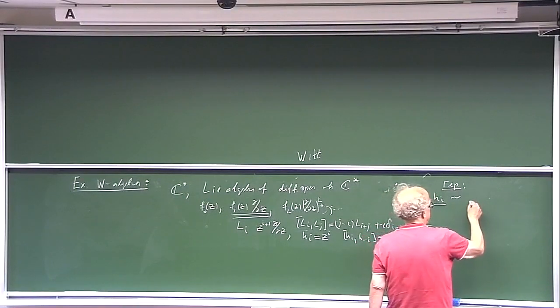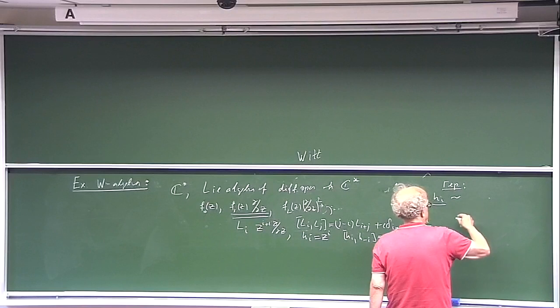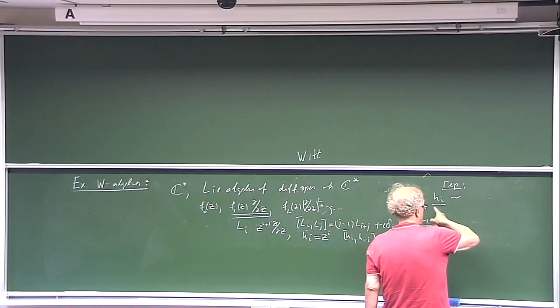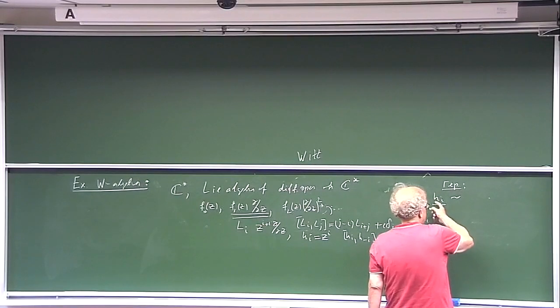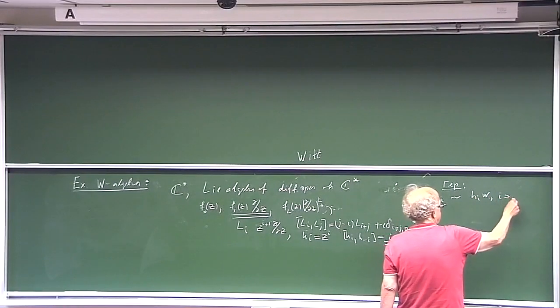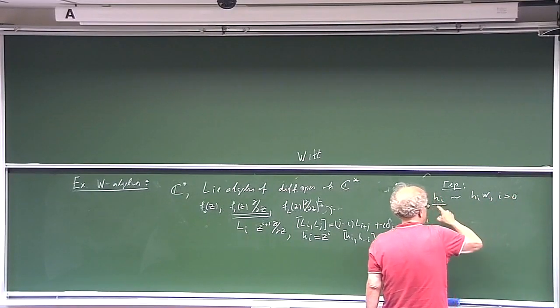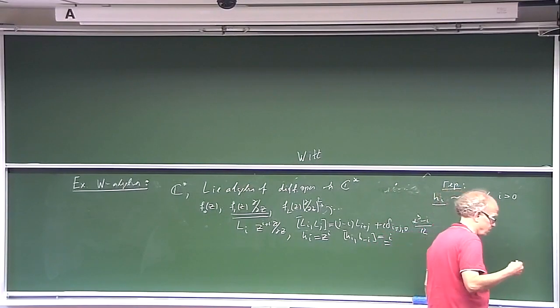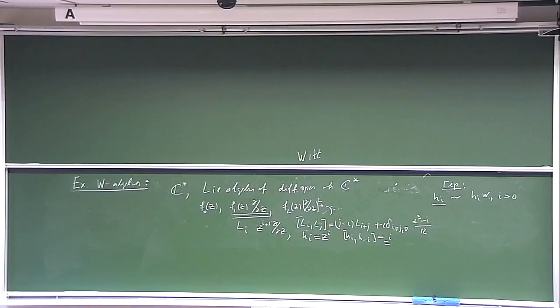Here there is always some vector which is killed by H_i when i is positive, and a similar story with L. So it means that there is some conception of creation and annihilation operators.